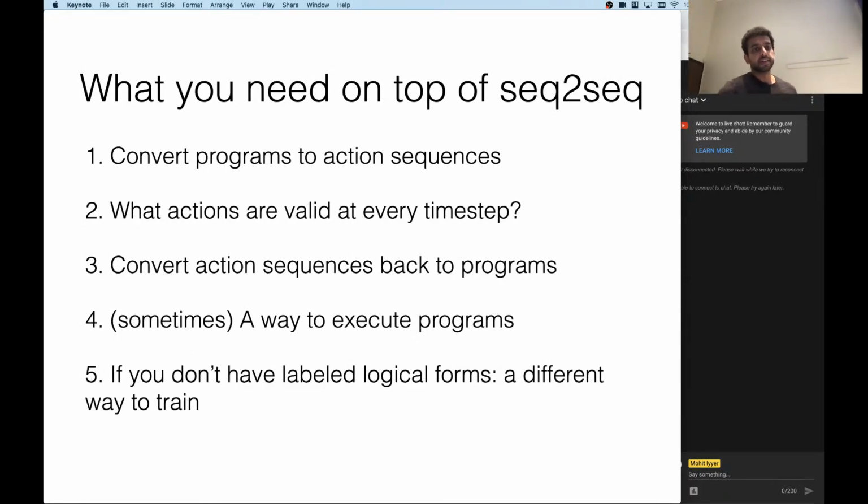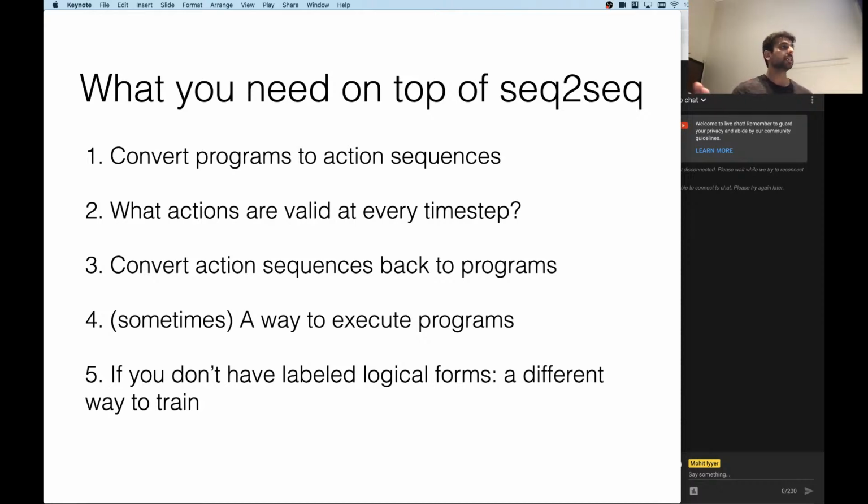Okay, so let's take a step back and talk about if we want to build a sequence-to-sequence model to solve semantic parsing, what do we need? So our goal is to convert these programs, the logical forms, to some sort of sequence of actions.